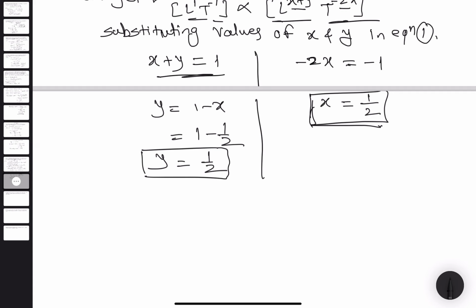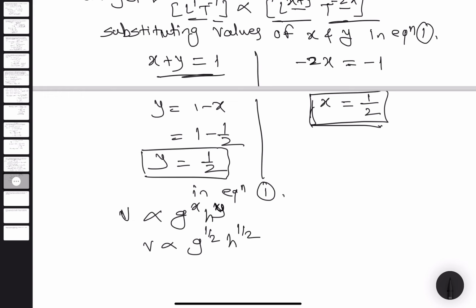We can substitute this in equation 1, that is v is directly proportional to g to the x, h to the y, so we get v is directly proportional to g power half and h power half. Okay, so we can write it as v is equal to k under root gh.